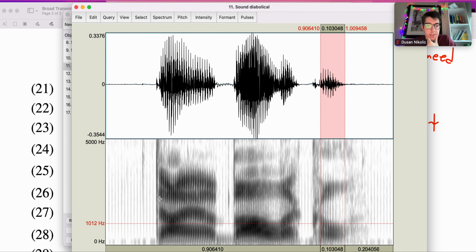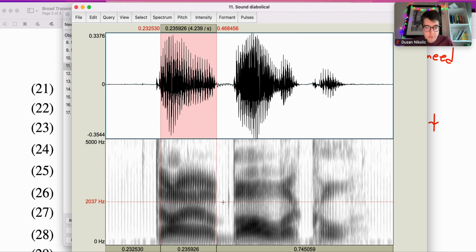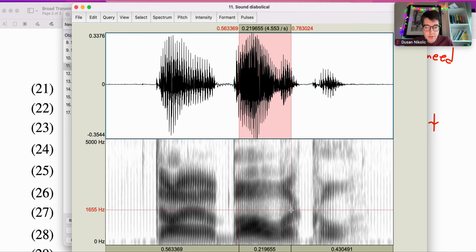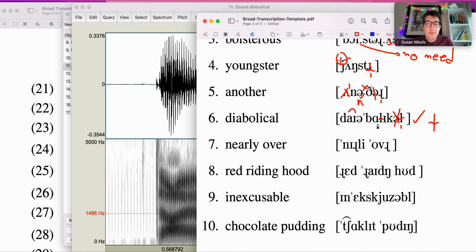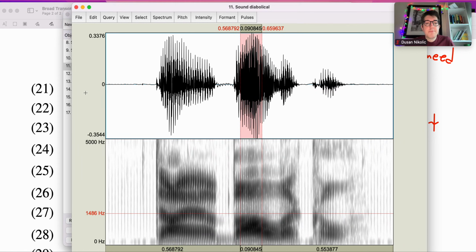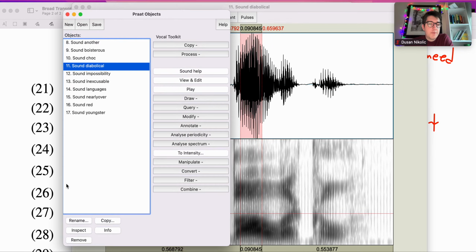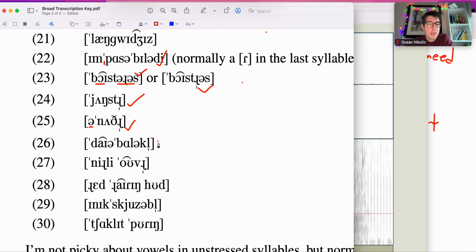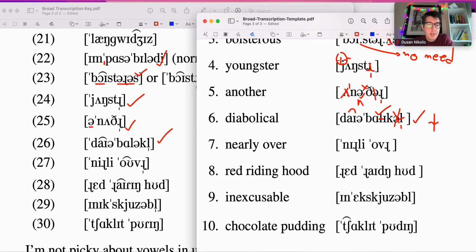The rest, I think, is pretty good. Yeah, this is definitely rounded. Even if you did not round it, that's okay. So listen to those very carefully. I'm going a little bit faster than I should and than you would. I am good with diabolical.